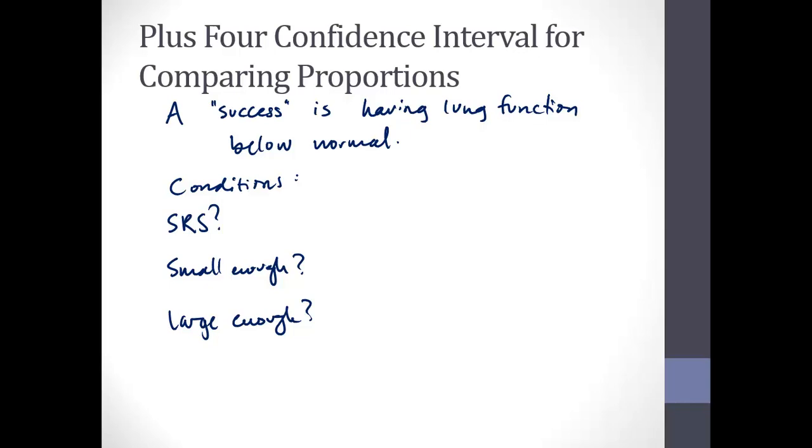Does it say that we have random samples? It does not say that we have random samples. Is there a reason to expect that it might be a representative sample? Who knows, right? So can't say. It's not stated, and we're not sure if these are representative.